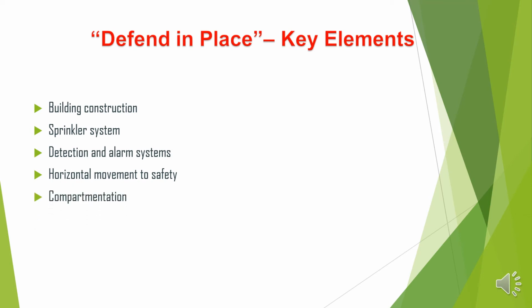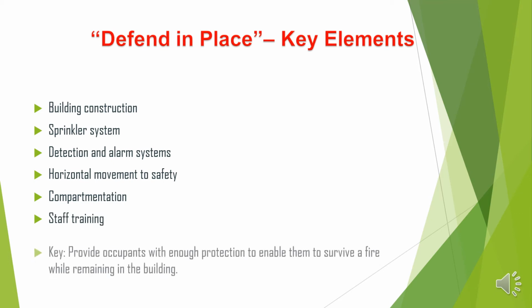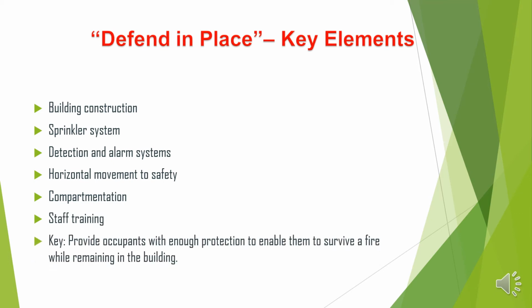We have to use compartmentalization. The compartmentation concept means that we have to have zones inside the healthcare facility. Zone 1, Zone 2, Zone 3, and we can fight the fire inside one zone, preventing it from spreading to other zones. We have to have a lot of staff training, as we said.